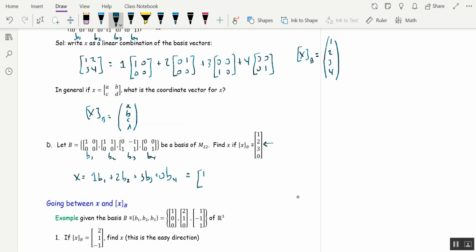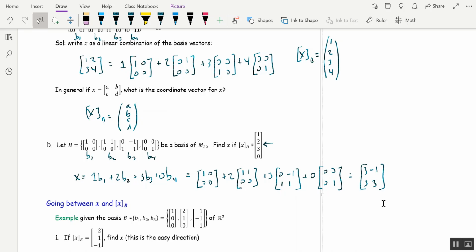So that's the sum of these four matrices, and you can check that's [3 -1; 3 3].